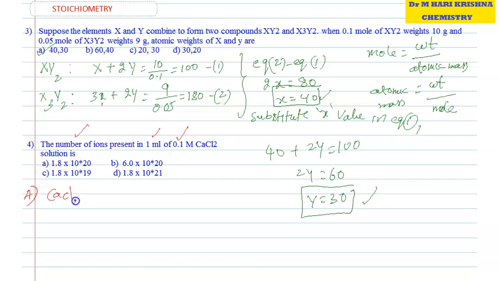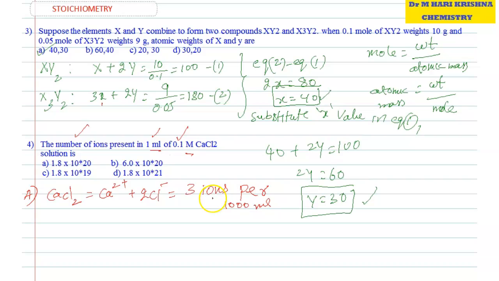In CaCl2, how many ions are there? Ca2 plus and 2Cl minus. That means 3 ions. 3 ions per mole means 1000 ml. Molarity means 1 liter or 1000 ml, but here they are giving ml.